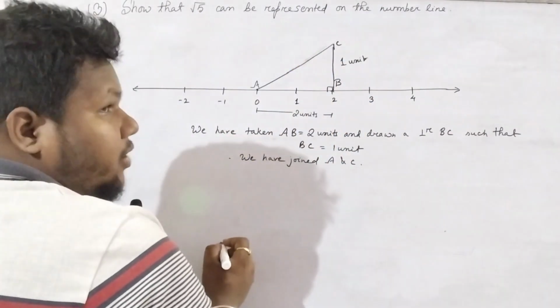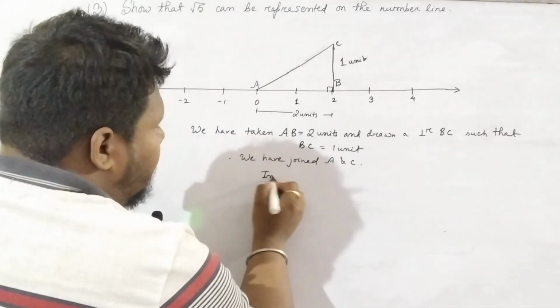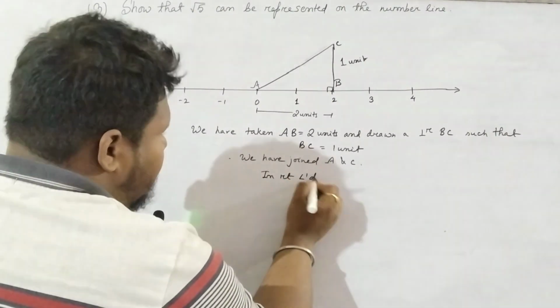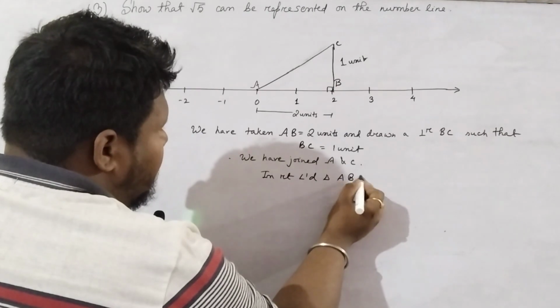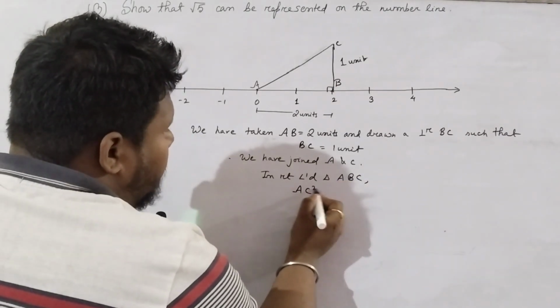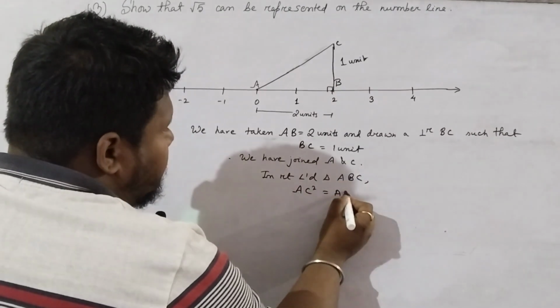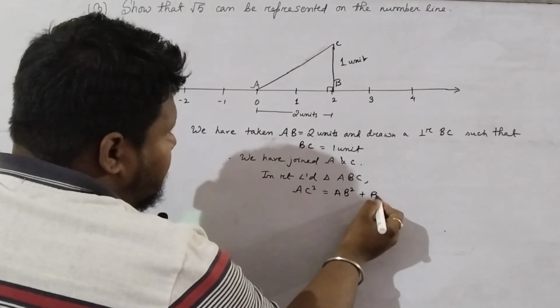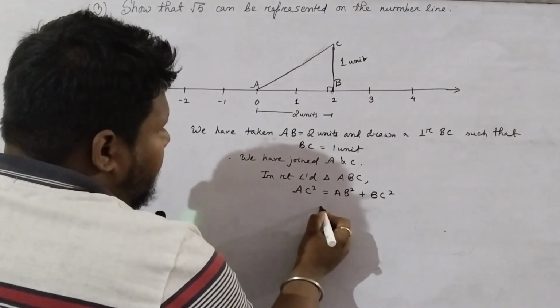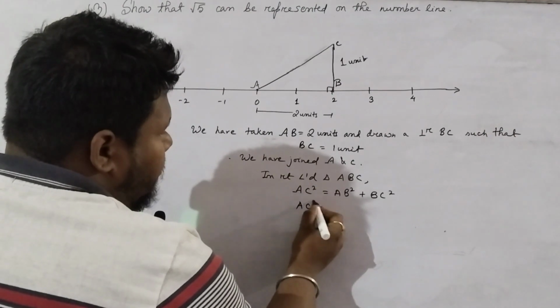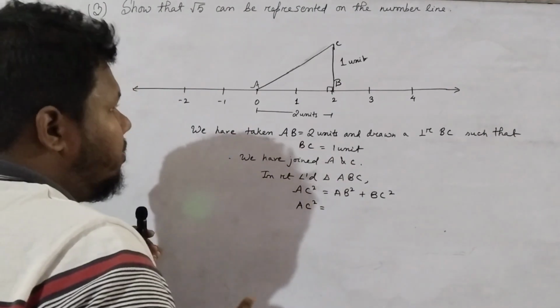Now, if I apply Pythagoras theorem in the right angled triangle ABC, the square of the hypotenuse is equal to the sum of the squares of the other two sides. So AC square, I don't have any number, so I'll write AC square only.